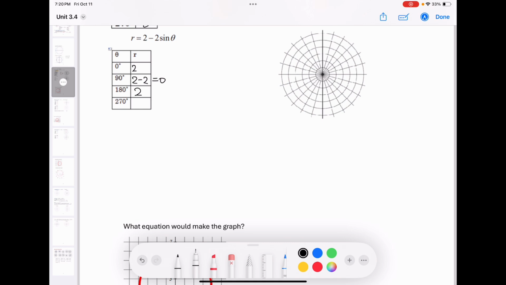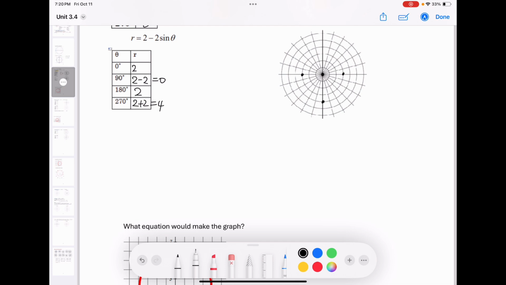And 270, sine is negative 1, so 2 plus 2, which is 4. So these key points are 0 comma 2, and 90 comma 0, and 180 degrees comma 2, and 270 comma 4 is here.